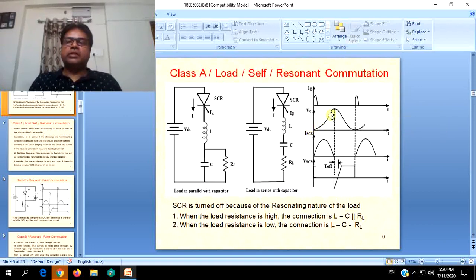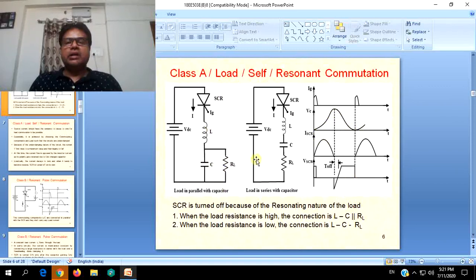So when the first overshoot becomes 0 and tries to go into the reverse, that is the undershoot, before that we have to turn it off. So the load and commutating components are chosen such that the load by itself makes the current fall to 0.